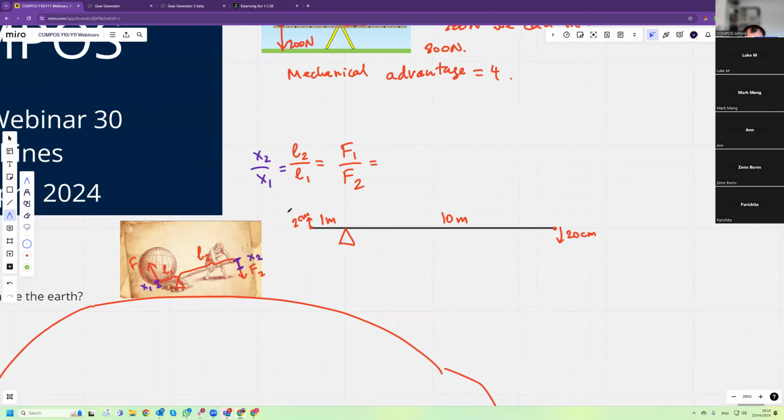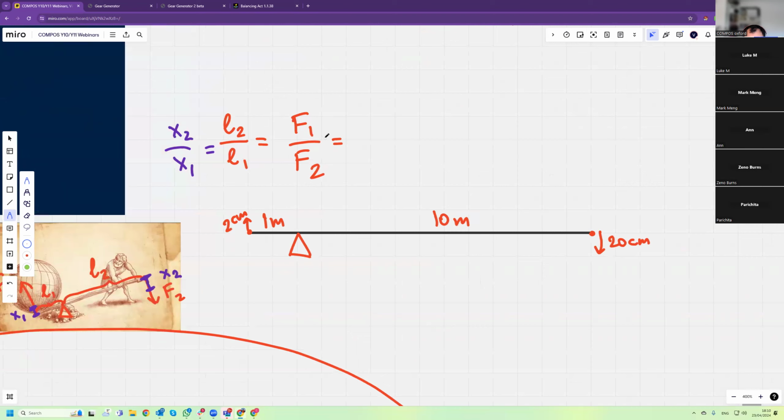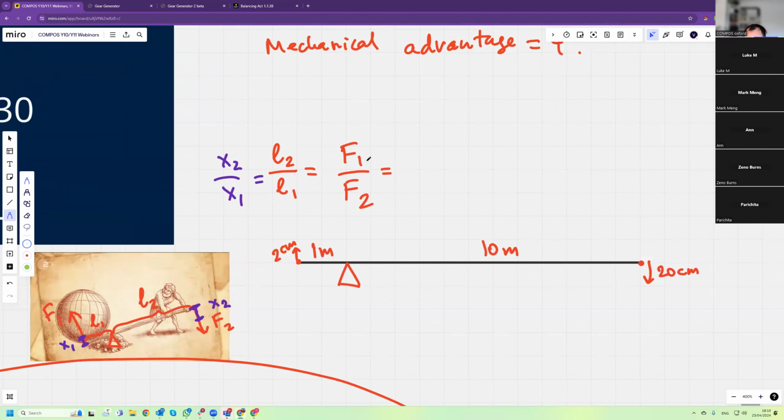Okay. Now, we need to find that ratio. The mass of the Earth is about 6 times 10 to the 24. That means the force needed to lift the Earth is mass times the gravitational field. We're assuming that the gravitational field is 10 newtons per kilogram. And the force of Archimedes, well, let's take a reasonable force. How much force can you apply? Well, I'd say about 500 newtons for a strong human.